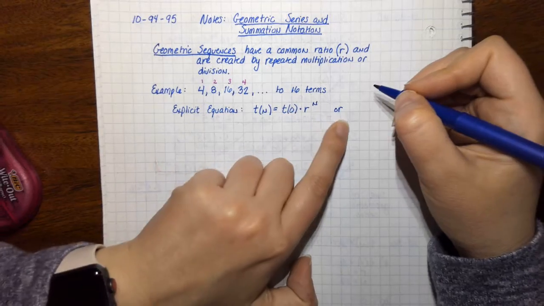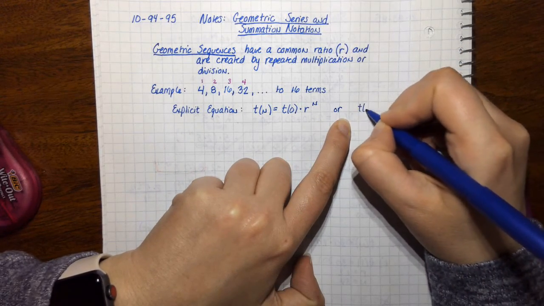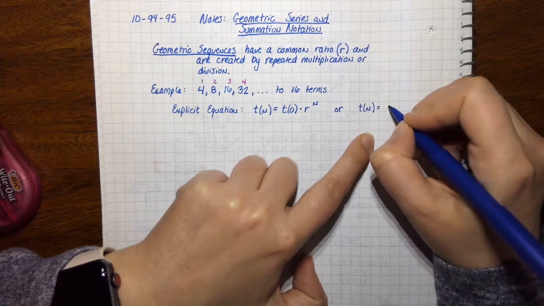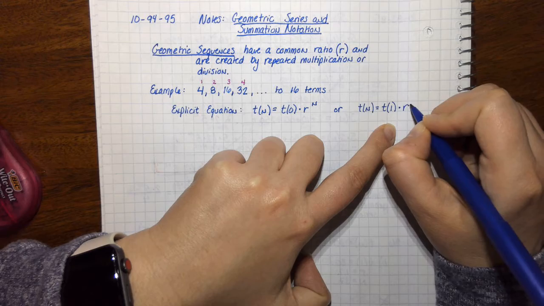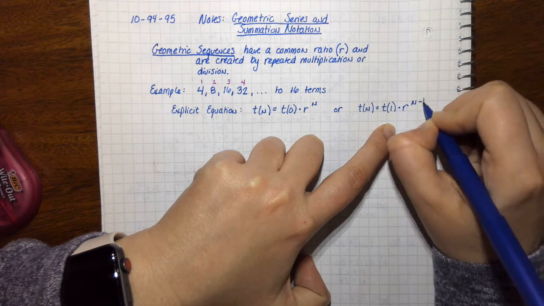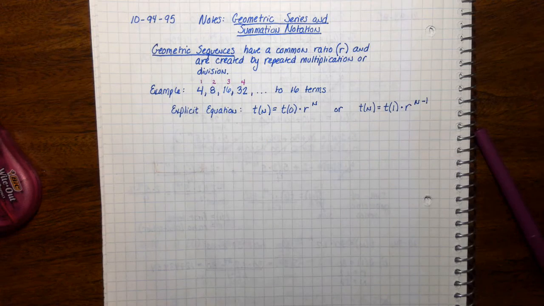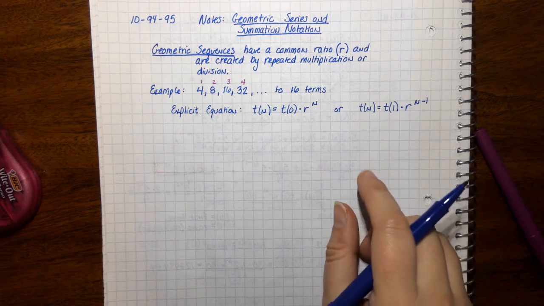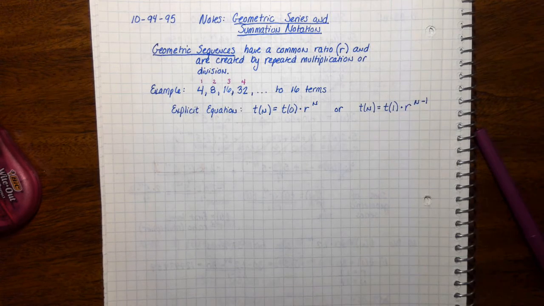Or if you want to write it in terms of the first term, that would be t of n equals t of 1 times r to the n minus 1. Okay, and those are both exactly the same thing. Moving this to t of 1 and moving that to n minus 1 cancel each other out, basically.